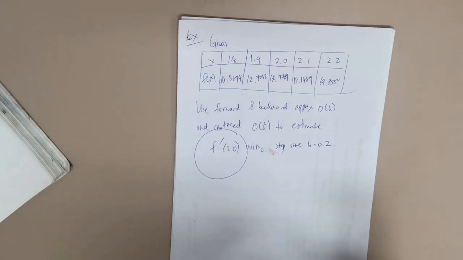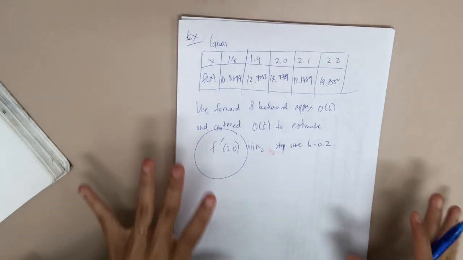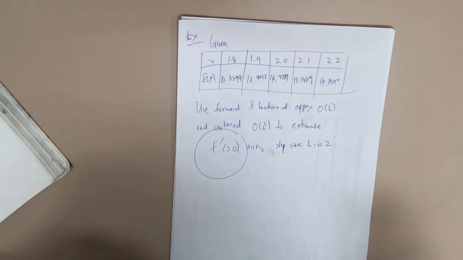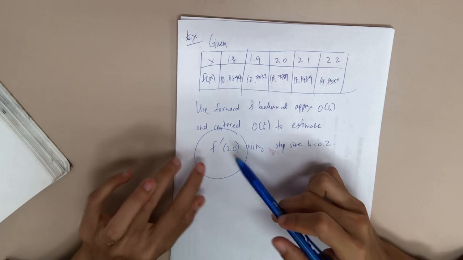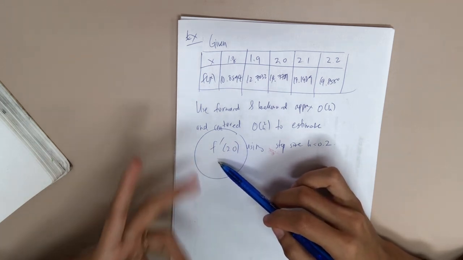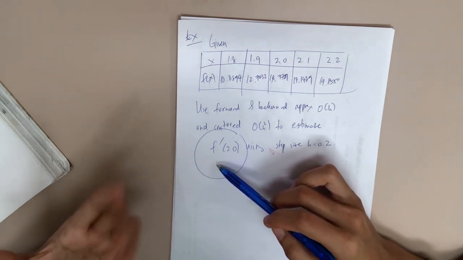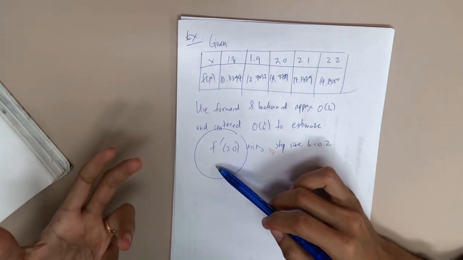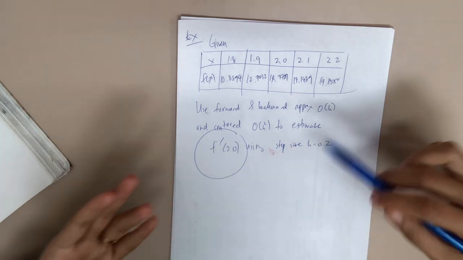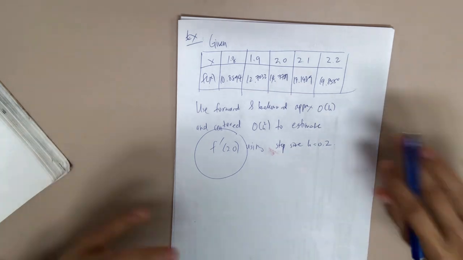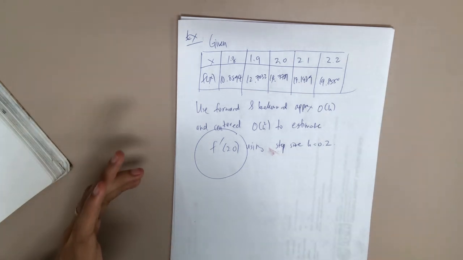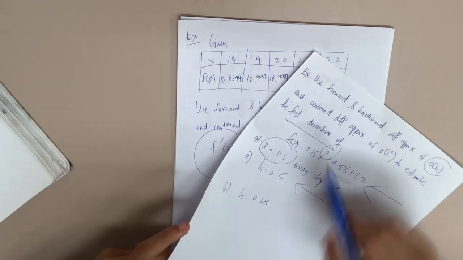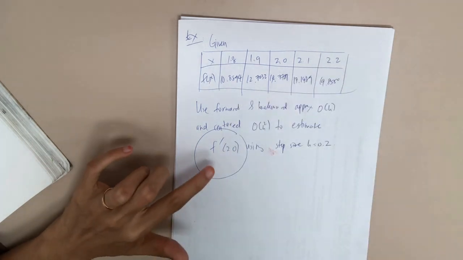I want to show two examples that mean the same thing, but the question is written differently. It can be written as the words first derivative, or it can give you the term f prime. We know that f prime is the first derivative. If f double prime, it means the second derivative. So make sure you are familiar with the types of questions, either with the mention of first derivative, or in terms of this notation.